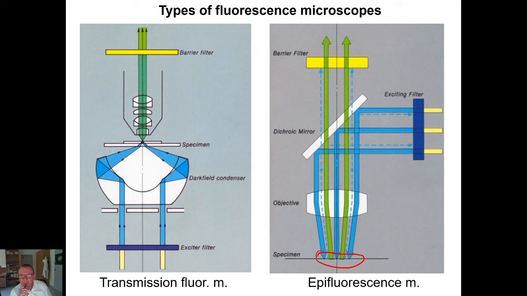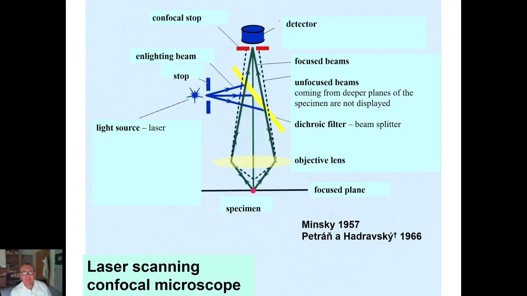The fluorescent microscope was developing for a long time, and there were many attempts to improve it, mostly to improve its focus. One of these successful attempts was the laser scanning confocal microscope, where some Czech scientists also participated in the development.